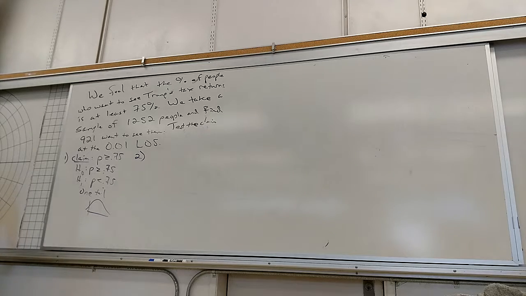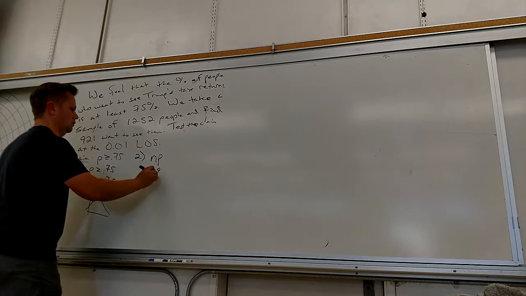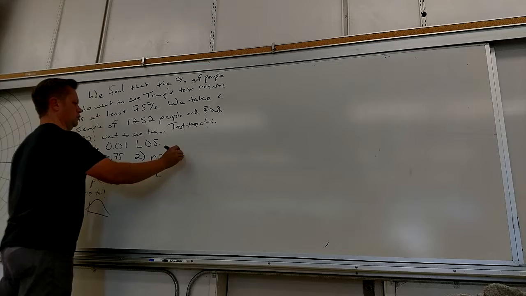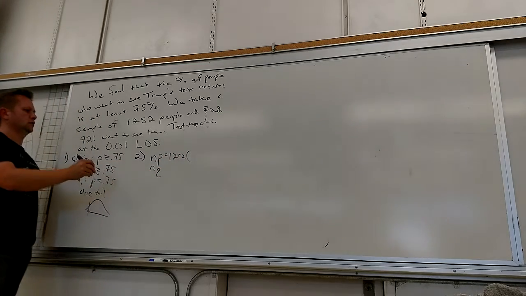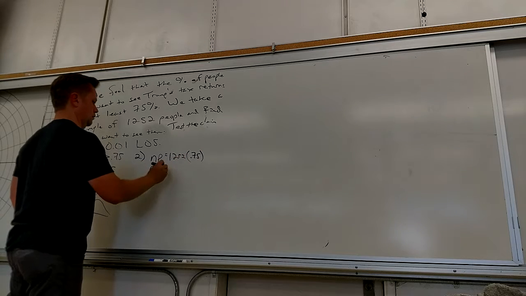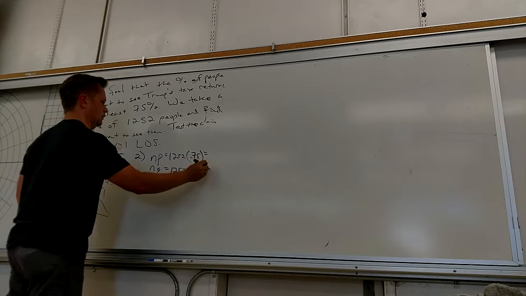How do I check to see if I can use z-scores? Yep, n times p, n times q. n was 1252. What's p? 0.75. So q, of course, will be 0.25.